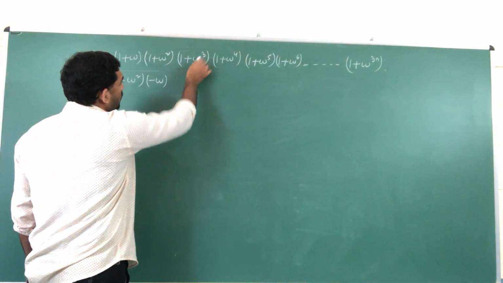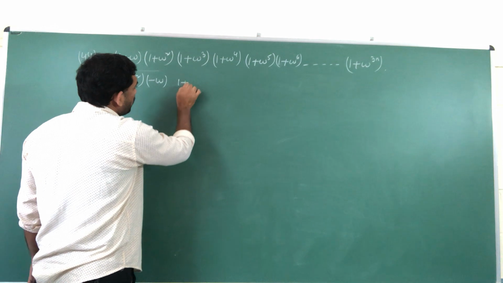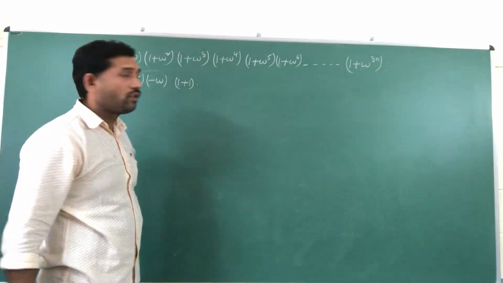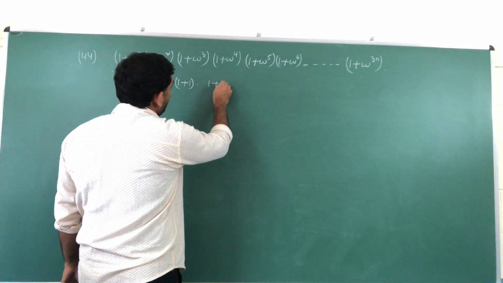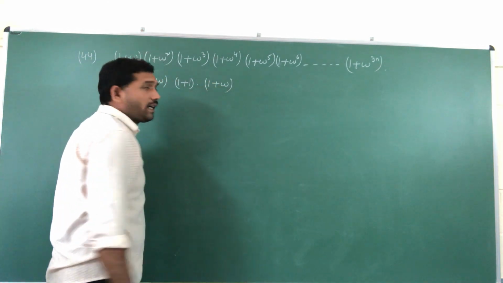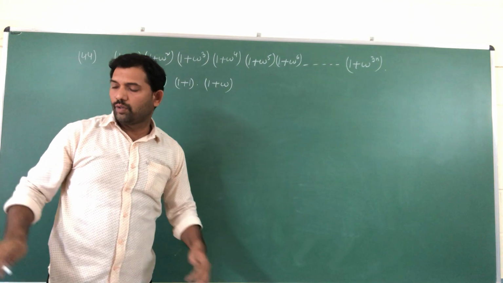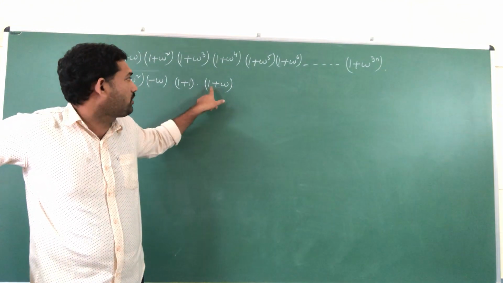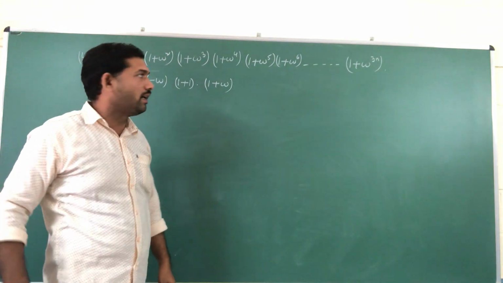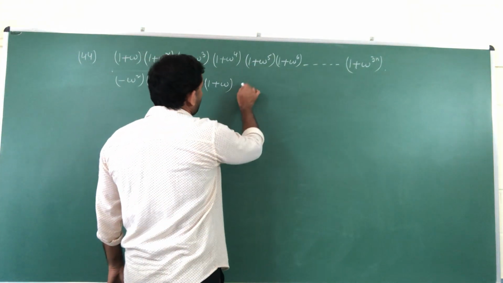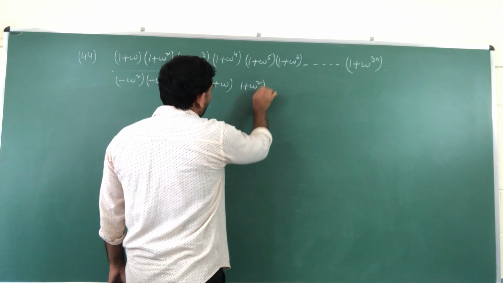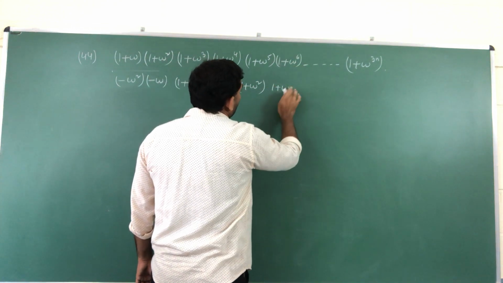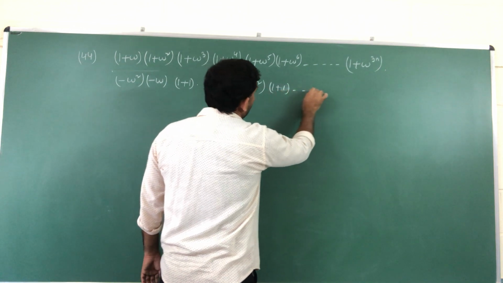Then 1 plus omega cube means 1 plus 1. Omega to the power 4 can be written as omega cube into omega, and omega cube is already 1, so this becomes 1 plus omega. Similarly, the next one becomes 1 plus omega square. The next is 1 plus omega cube, which is 1 plus 1, and so on.